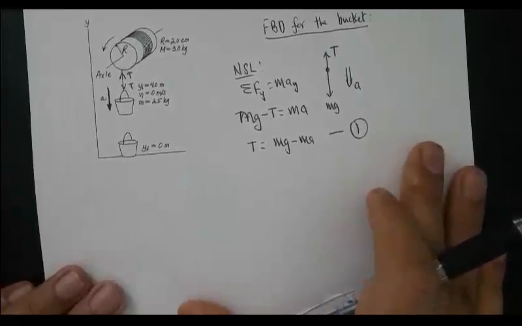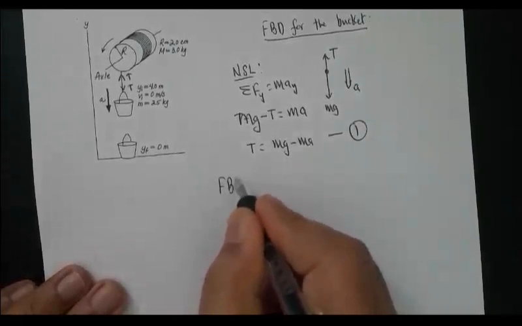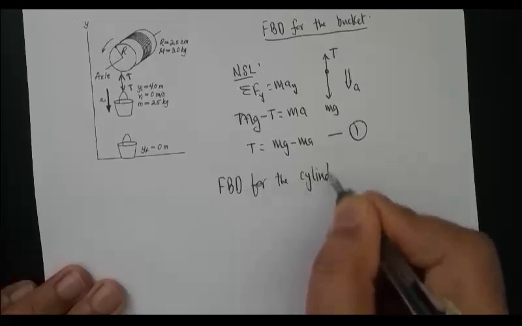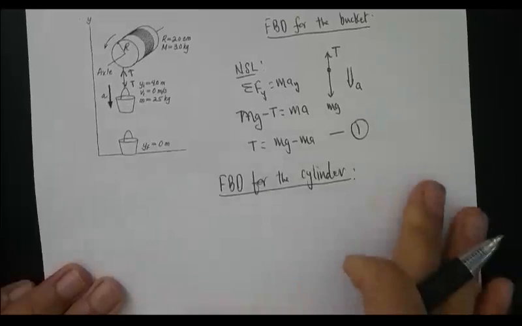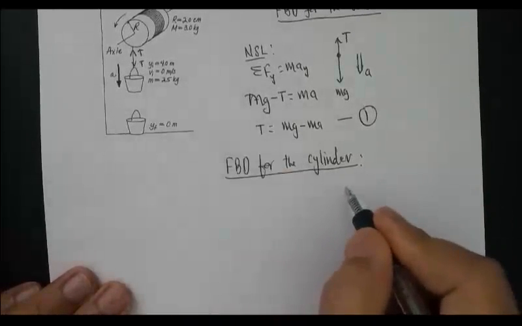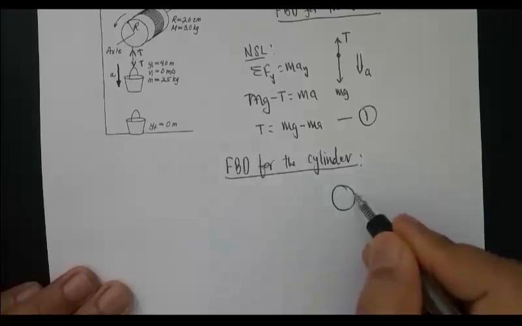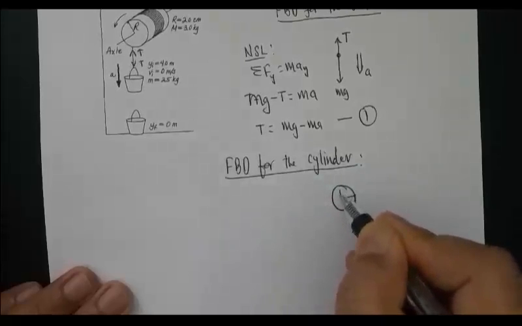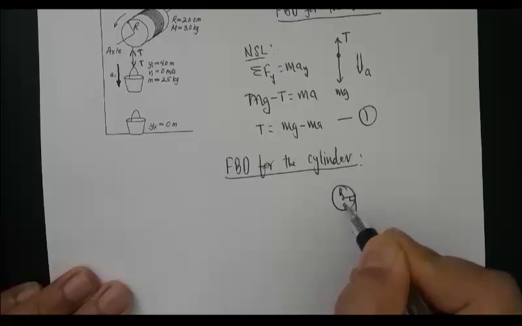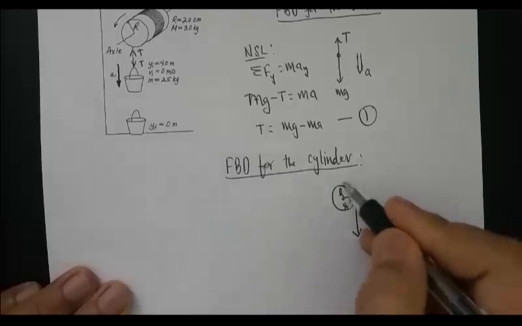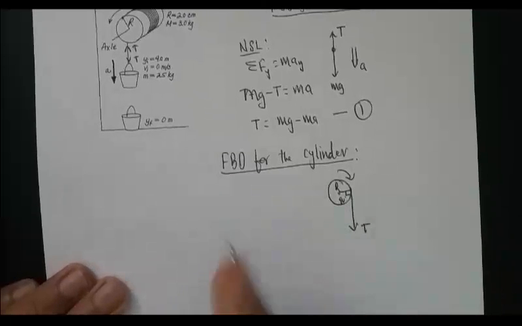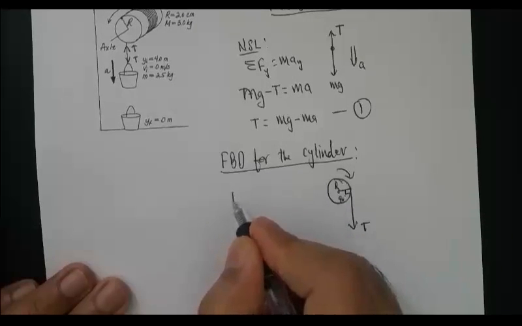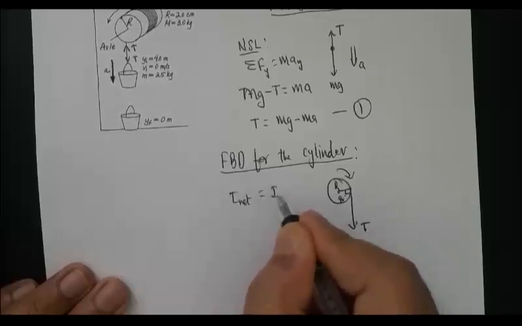So you need one more free body diagram. Now I'm going to do the free body diagram for the rotating cylinder. It's just a 2D picture. It's being pulled by this tension, and it has a radius of r, and the radius makes a 90-degree angle to calculate the torque. For the rotating cylinder, Newton's second law in rotational form is net torque equals I alpha.